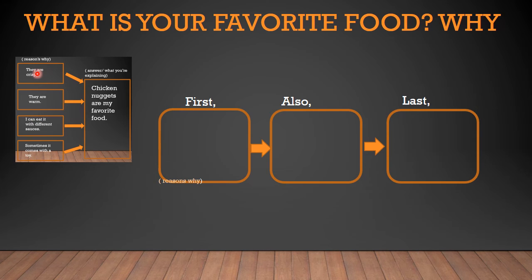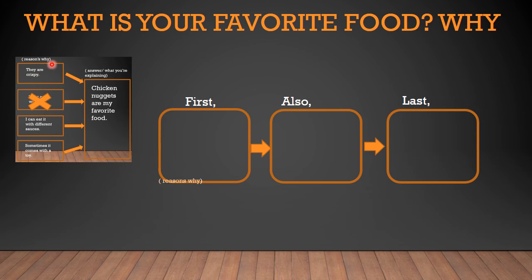Now I have to choose between they are crispy and they are warm. And really, when food is crispy, it's usually warm because it's crispy because it's been cooked long. So I'm going to keep they are crispy, and I'm going to get rid of they are warm. Now I have my 3 reasons why.